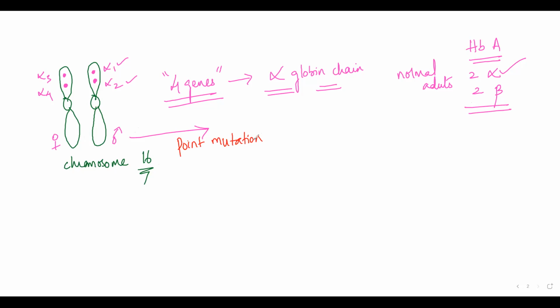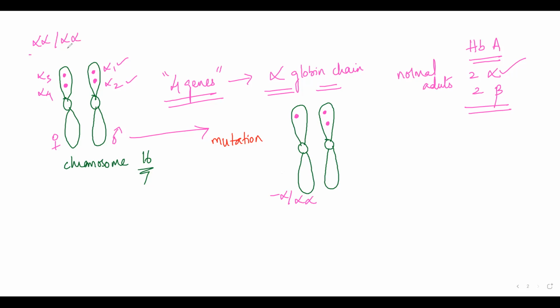If, because of a mutation process, one of the genes responsible for alpha globin chain production is deleted, here I'm drawing only 3 of them, one is deleted. Clinically, we write this as dash alpha alpha alpha, alpha alpha alpha alpha from the mother and the father. One of the genes is deleted here.